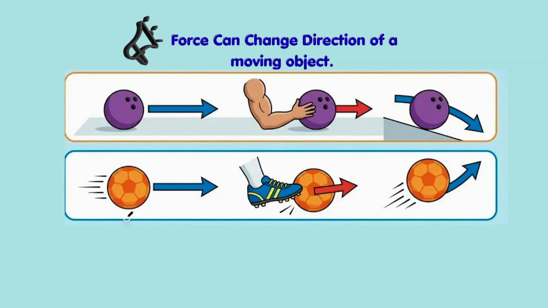In the second example, again, a football is moving in one direction and it was kicked. A force was applied and it went up in the air. So there is a change in the direction. Hence, force can change the direction of moving object.